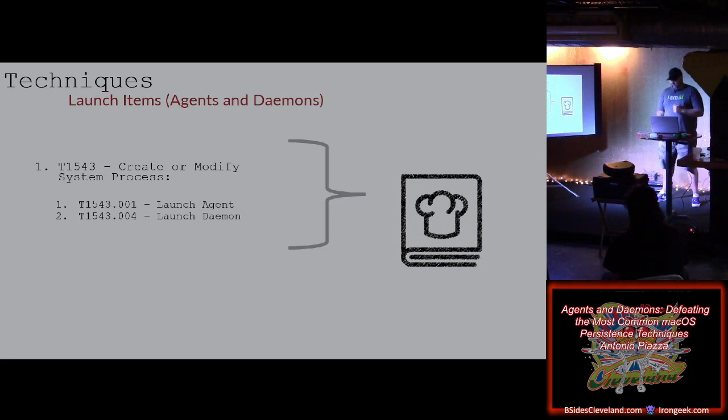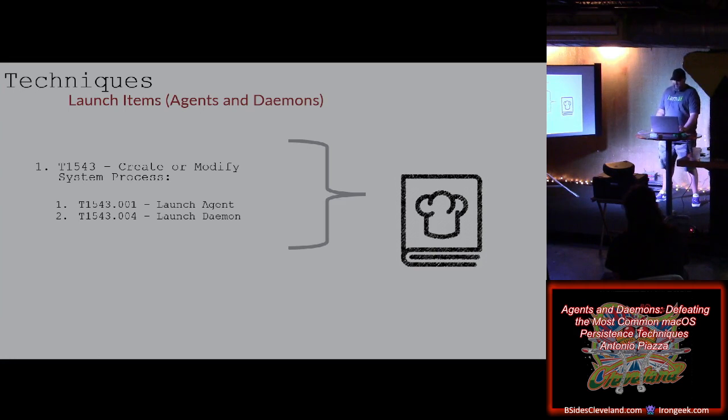The vast majority of Mac malware leverages launch agents and launch daemons as a means to gain persistence. In fact, according to Objective-See's Mac Malware of 2019 report, every piece of analyzed macOS malware from 2019 that persisted did so as a launch item. That gives you an idea of how common this persistence method is.